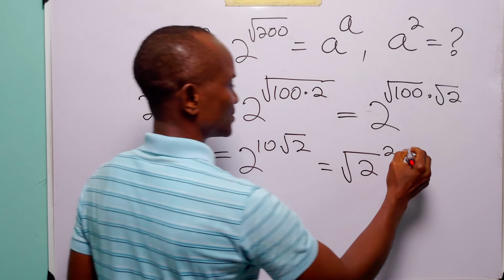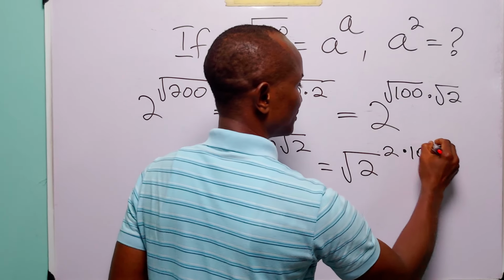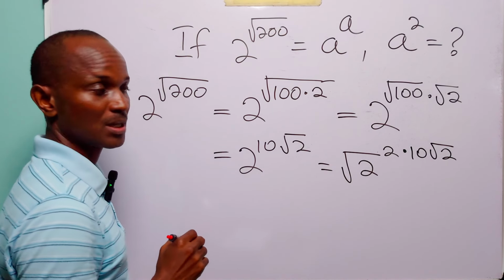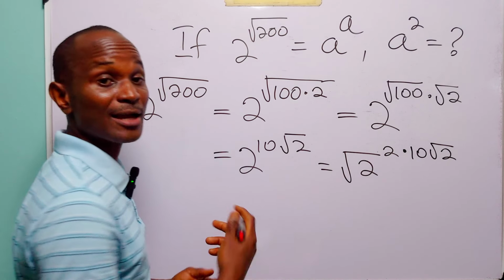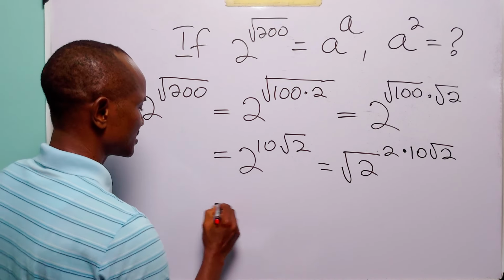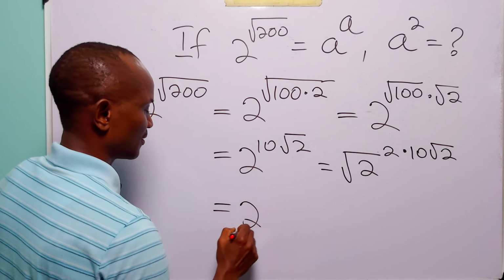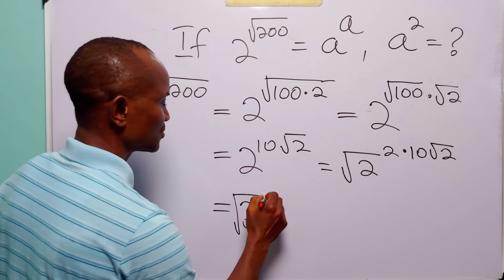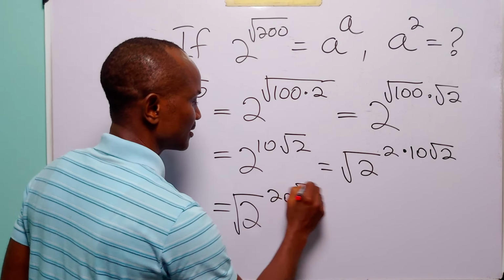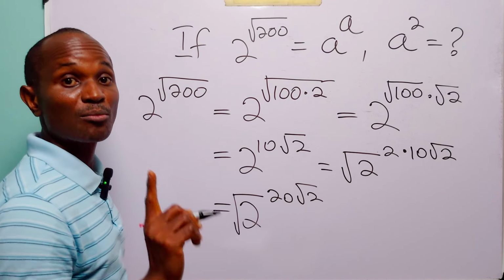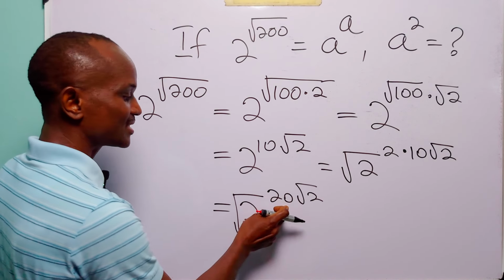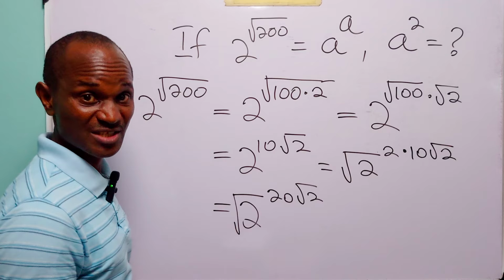And in the exponent, we still have 10 root 2. Now, 2 times 10 is equal to 20. So this is equal to root 2 to the power 20 root 2. But let us remember that 20 is equal to 5 times 4.